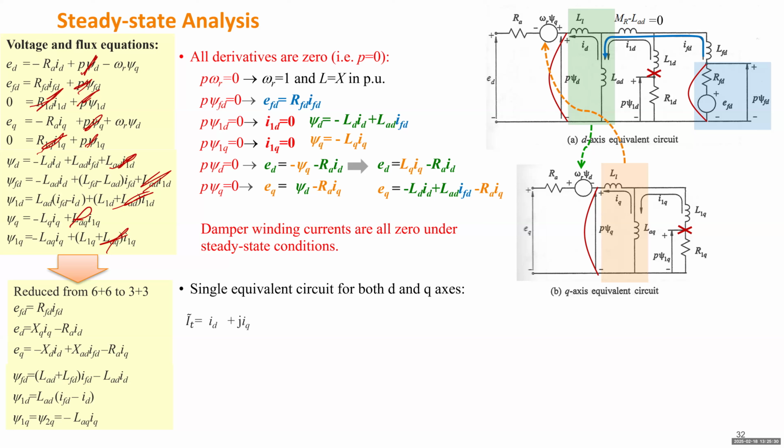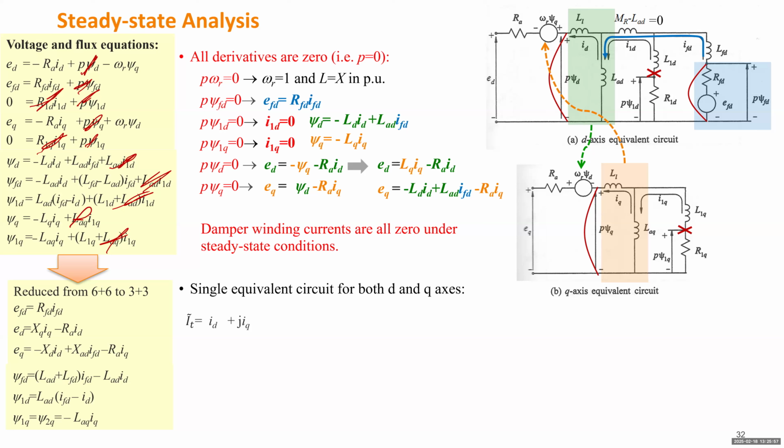Okay, so now we introduce the terminal current. Terminal current is defined to be the instantaneous current in the D axis plus j multiplying the current in the Q axis. So here I_T tilde means it's a phasor. Okay. So it has a component in the D axis and also a component in the Q axis.